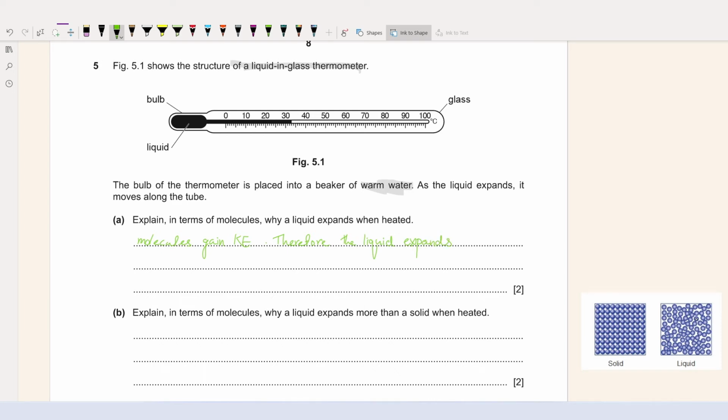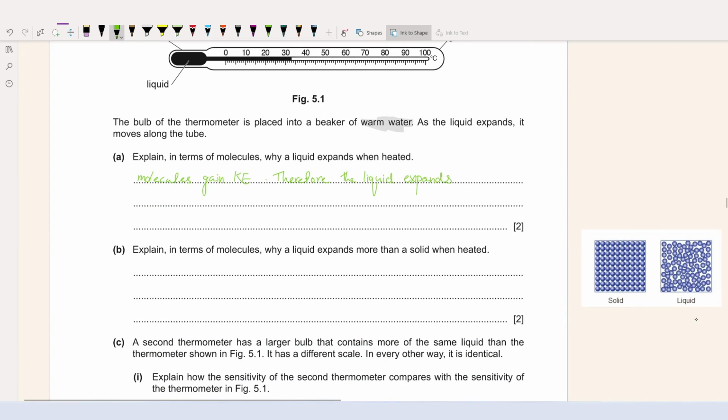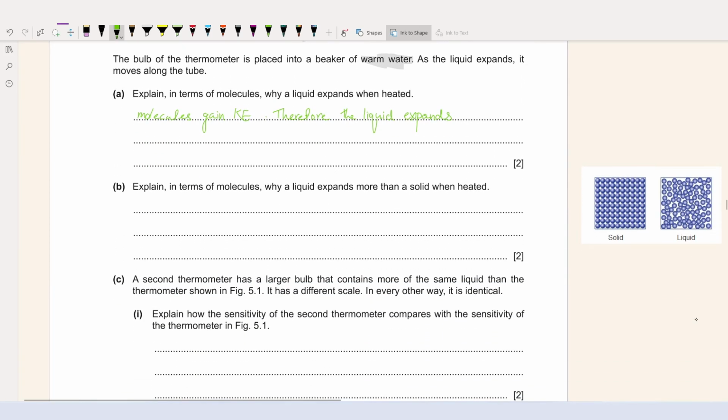Part B. Explain in terms of molecules why liquid expands more than solid when heated. So I have given a diagram on the side. You can see the difference between the molecules. The molecules in liquid are a little further apart, and in solid they are stuck to each other. So as we know, when the distance decreases between the molecules, the force increases.